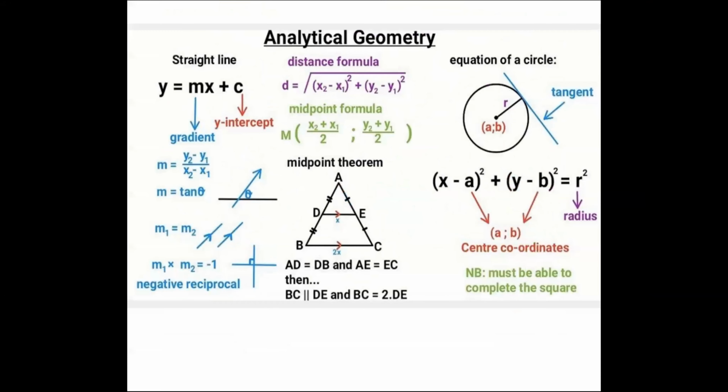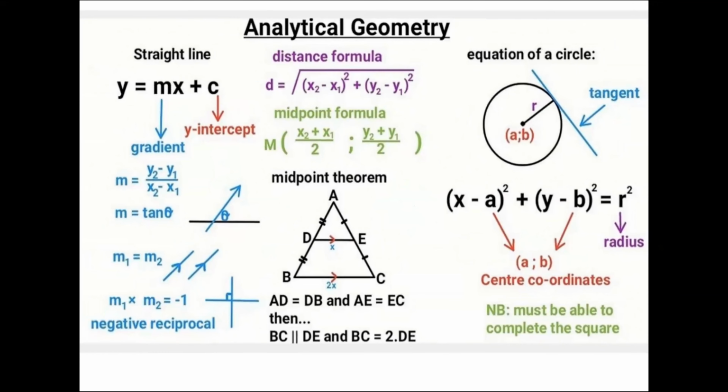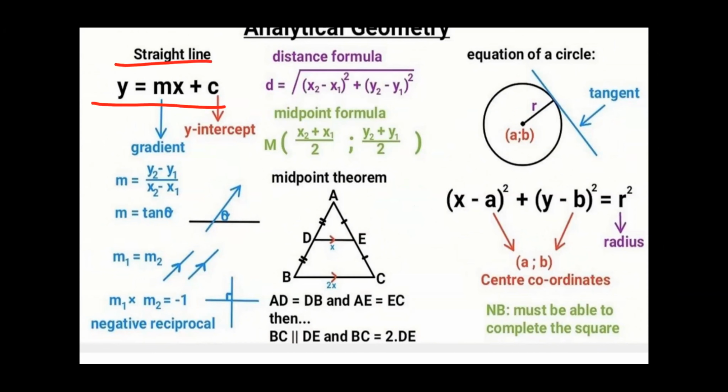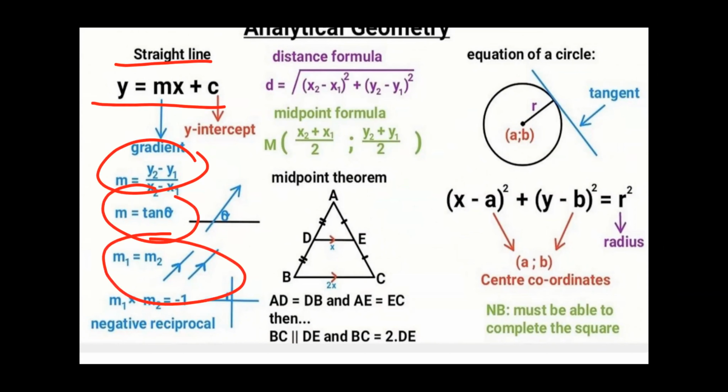Here are the formulas that you might need. We've covered most of this already. So the equation of a straight line, gradient formula. This is the gradient when they give you the angle of inclination. We mentioned the fact that when lines are parallel, they have the same gradient.